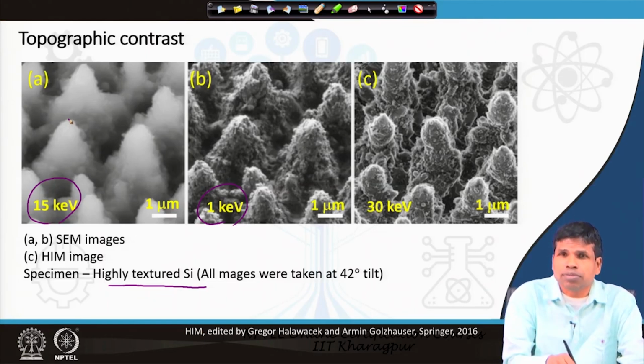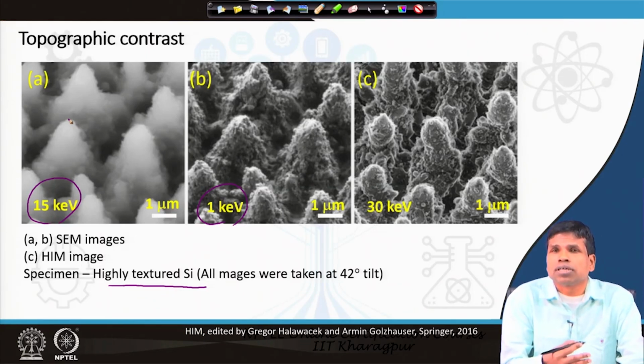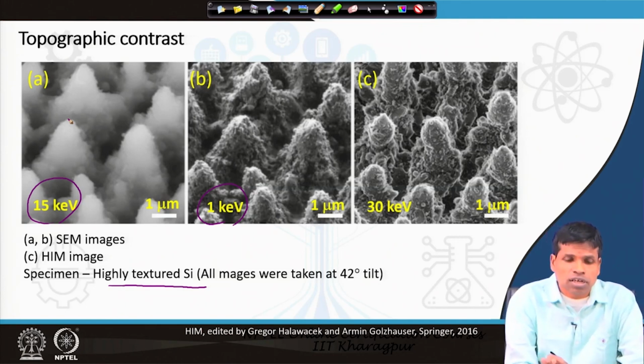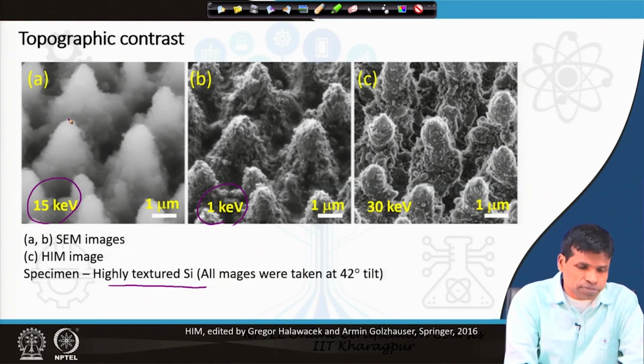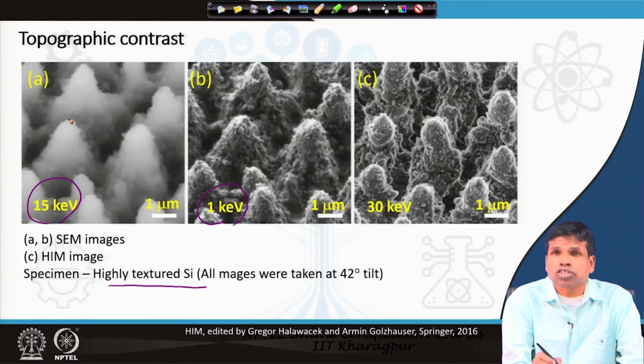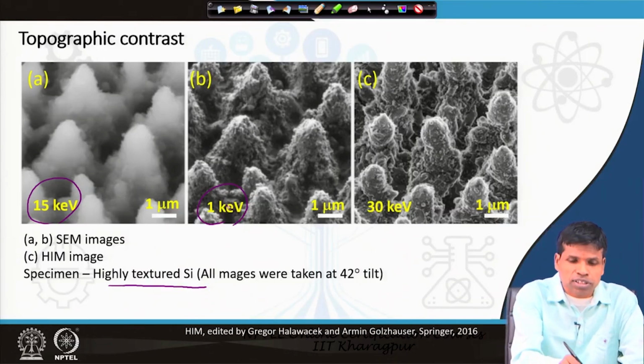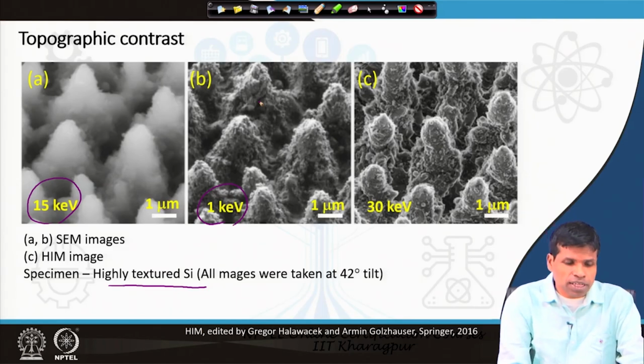In scanning electron microscope, by using a lower energy incident beam like 1 keV, the electron beam will not penetrate as deep, and signals will be generated closer to the surface, therefore there is more surface clarity.